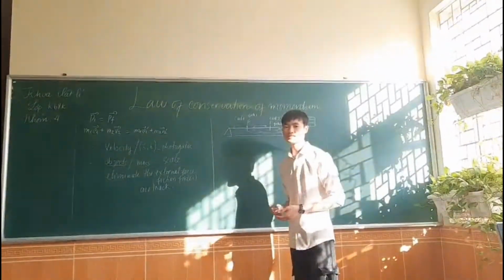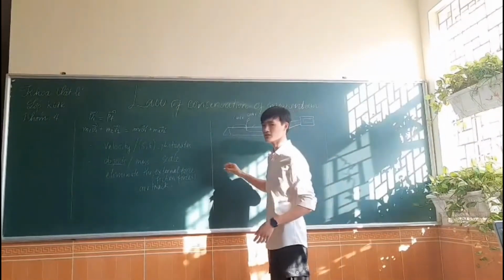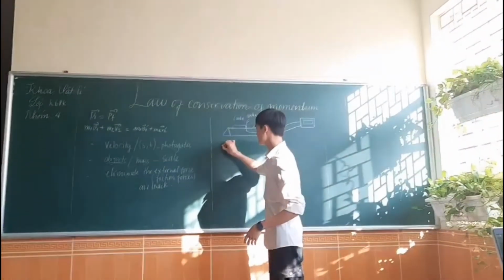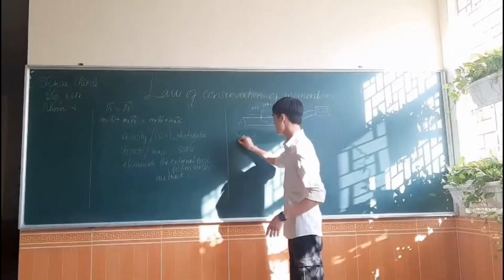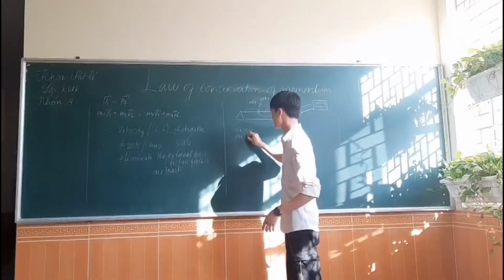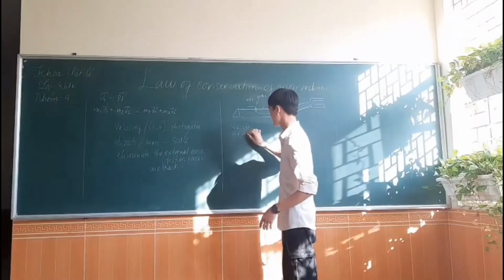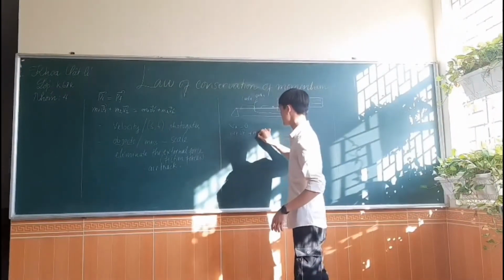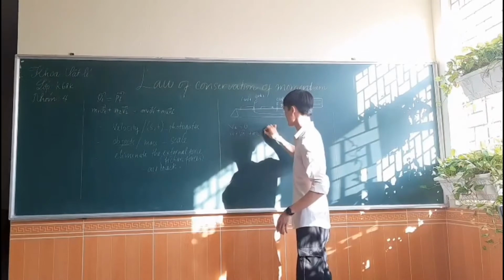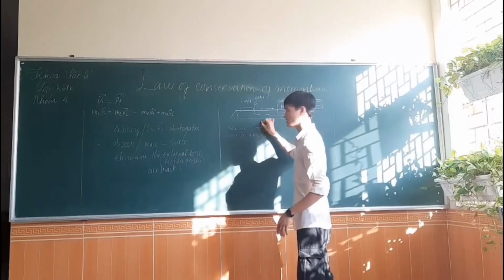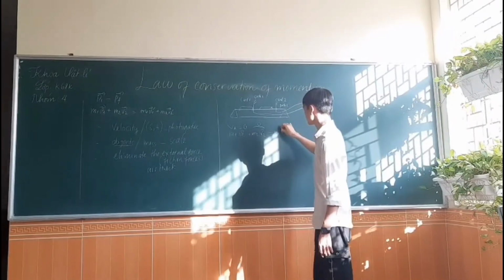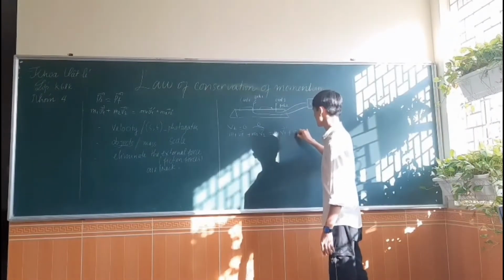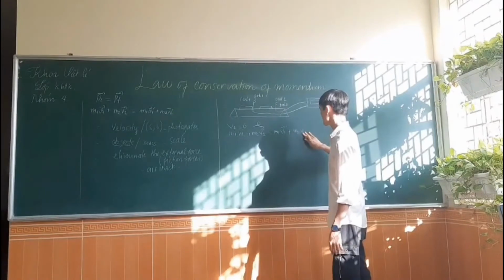To simplify the situation, we consider object 2 is at rest, which means velocity v2 equals 0. Now we have m1 v1 plus m2 v2 equals 0, and m1 minus m2 times the final velocity.